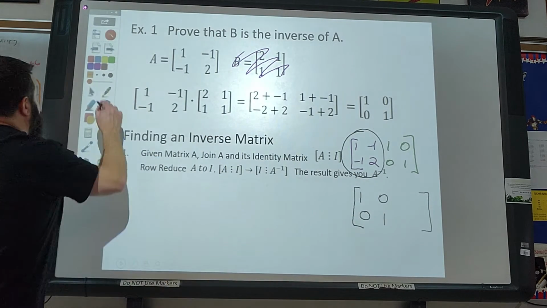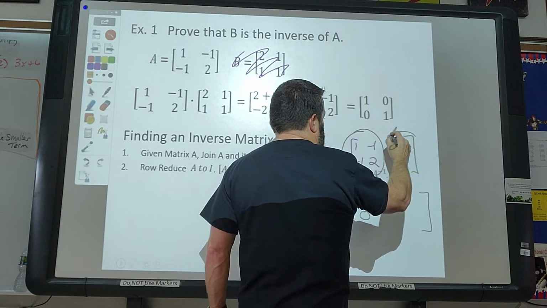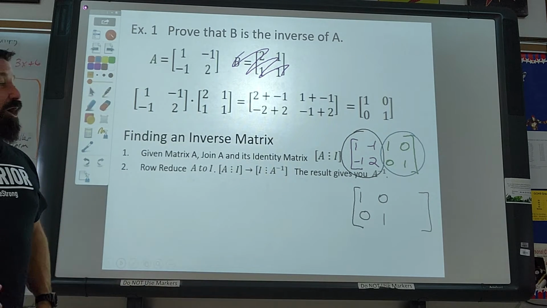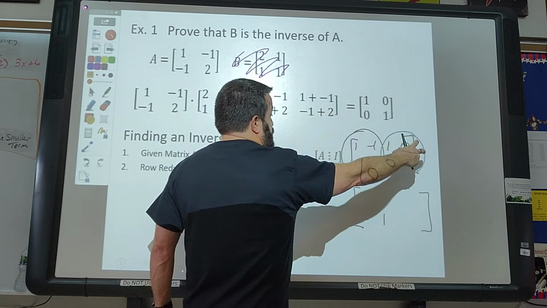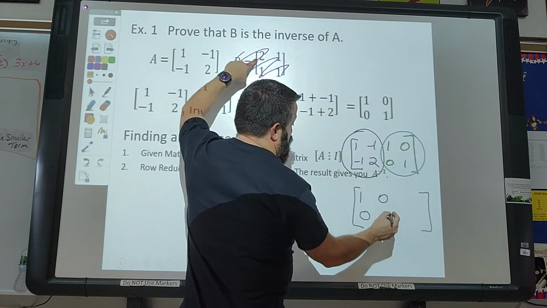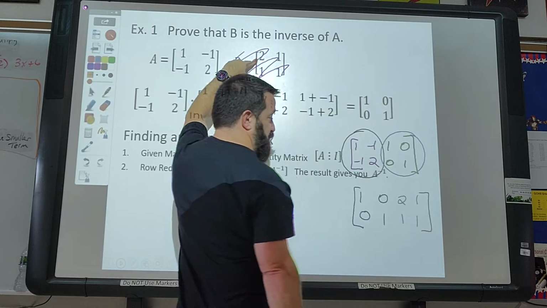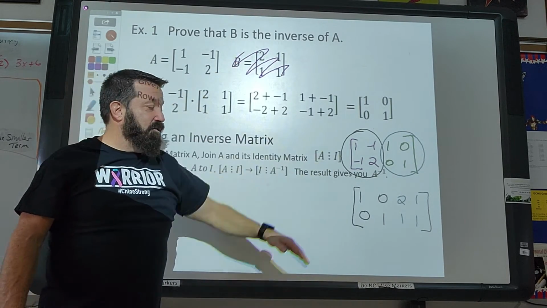What happens is these numbers over here will change at the same time. While you're transforming the things in purple to 1s and 0s, the numbers in green are going to change, and they're going to become 2, 1, 1, 1 in this case, which is the inverse matrix that we found before.